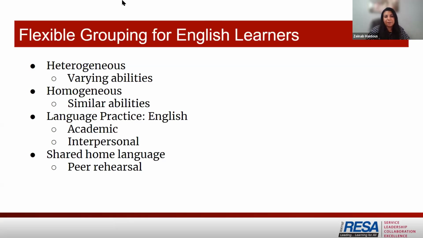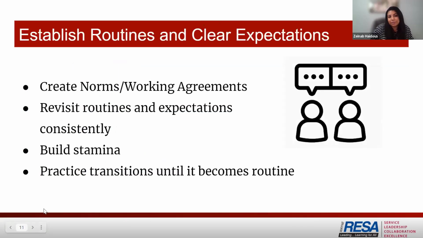And in those specific groups, students will have the opportunity to discuss the content or the concepts in their home language before sharing their ideas in English, which really gives them that peer rehearsal, so that when they are going to share it in English, they are more prepared. They're not scared anymore. So that's what we would like to add for flexible grouping for English learners.